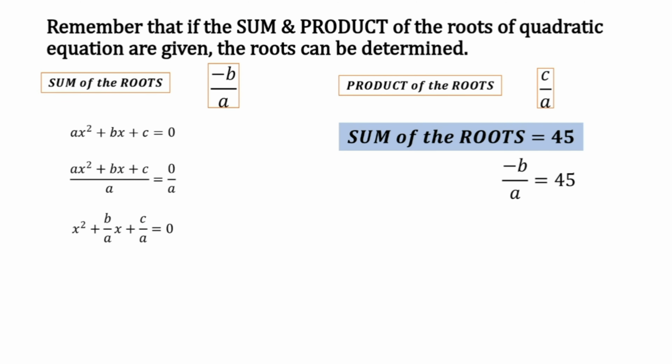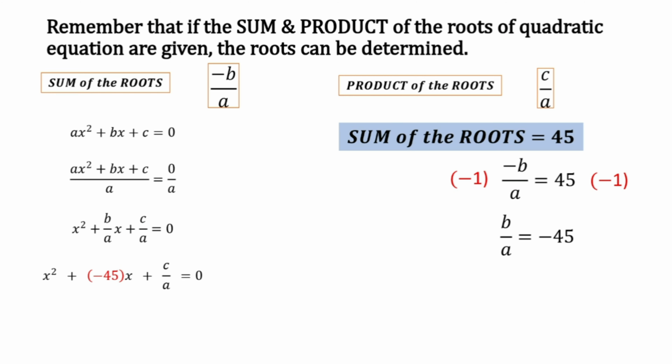Our given sum of the roots is 45, and it has the expression negative b over a equals 45. To write this in a positive expression, all we need to do is multiply both sides by negative 1. So we will have b over a equals negative 45.